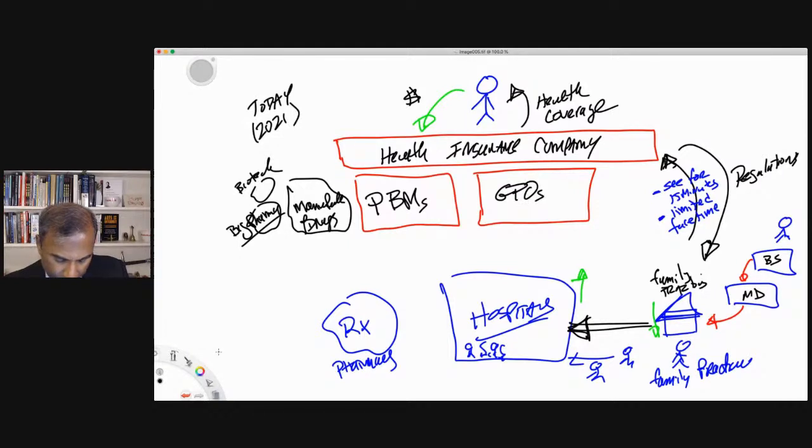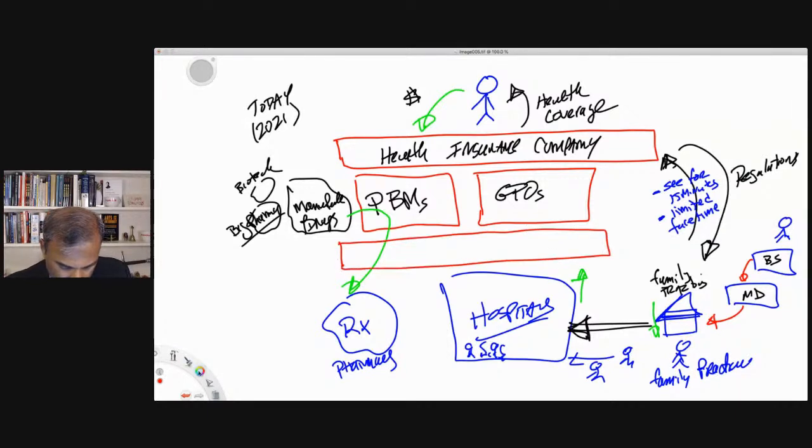Okay, so on the pharmacy benefit managers, these guys are controlling the flow of every drug into the RX. So they are controlling the flow, and this is being done through another group called distributors. And similarly, and I'll explain this with GPOs, the GPOs control the flow.